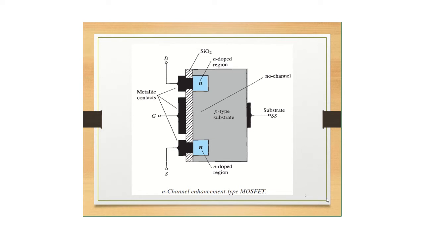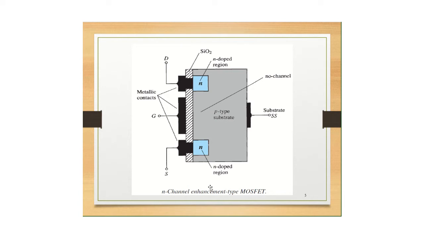In the construction part, first we take a parent material, that is a body or base of silicon, and then we dope it with trivalent impurities to make it p-type material. This parent material, or the body, is called a silicon wafer, and generally it is called the substrate or body.